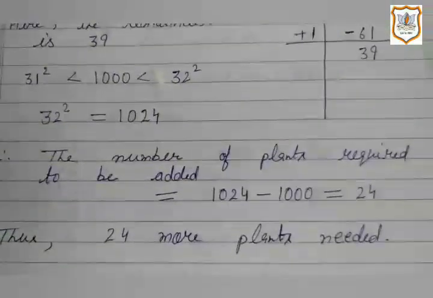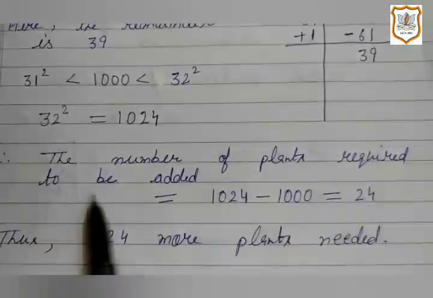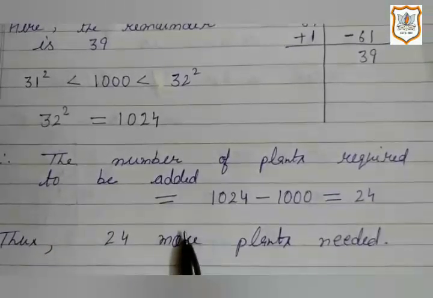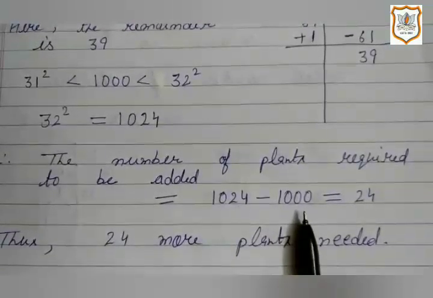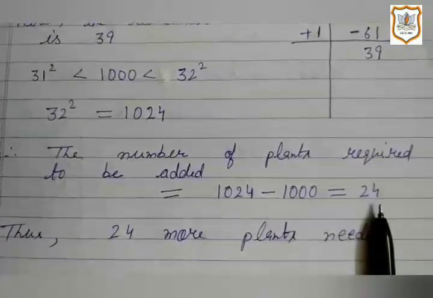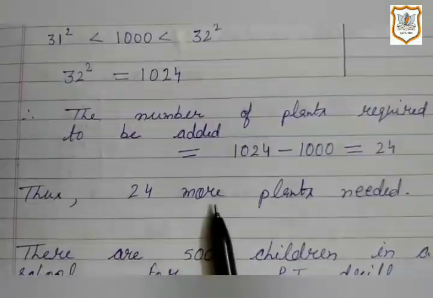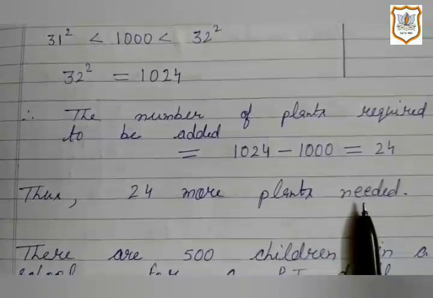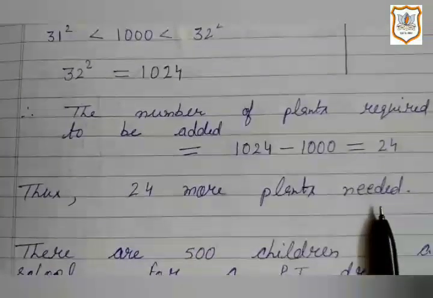So the number of plants required to be added is equal to 1024 minus 1000. We get 24. Thus 24 more plants needed. Clear?